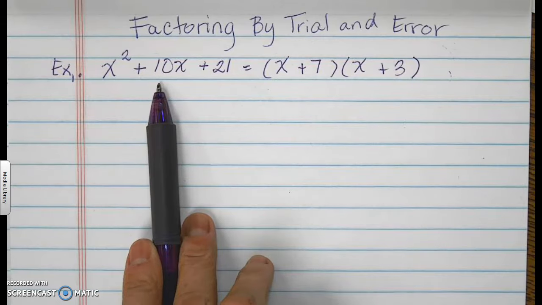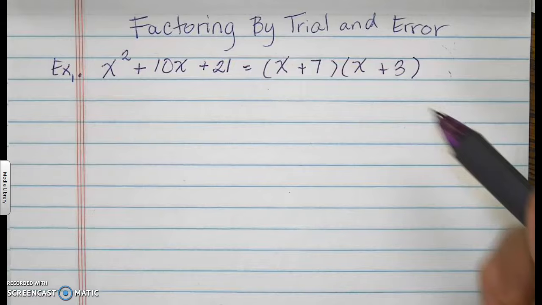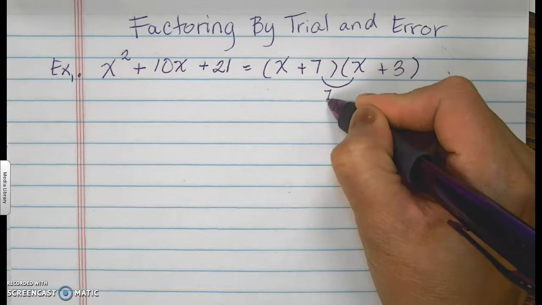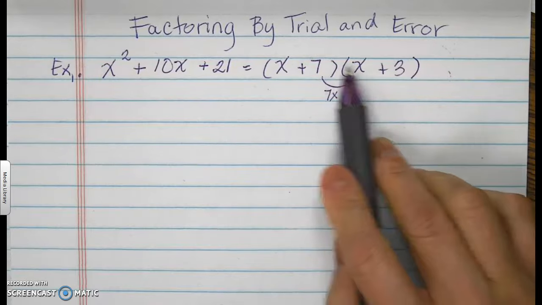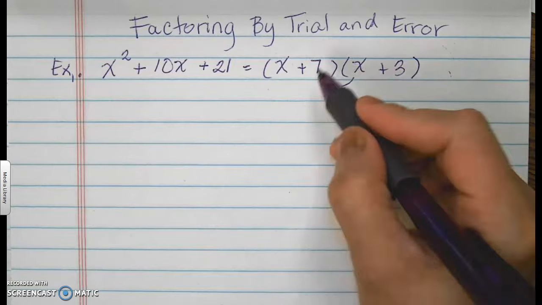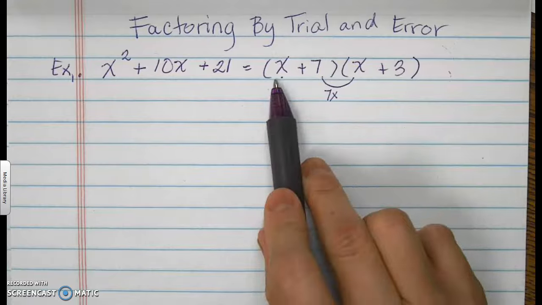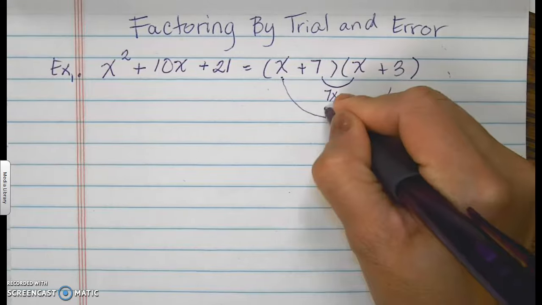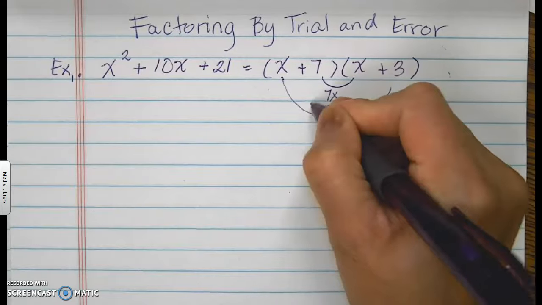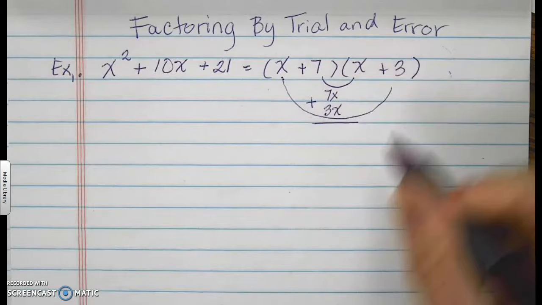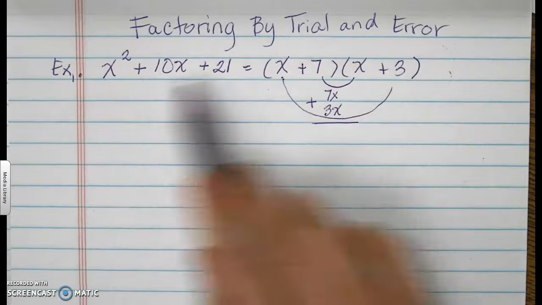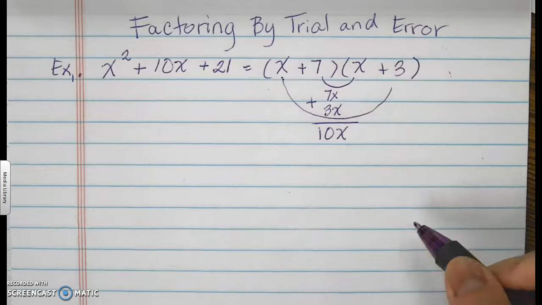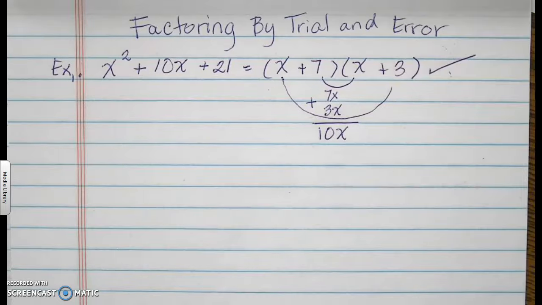You multiply these two, so that is positive 7x, and then positive x times positive 3 is a positive 3x. When you add them, if they come out to be the middle term, then you got it right. So this is 10x. We got it right. These are the factors.